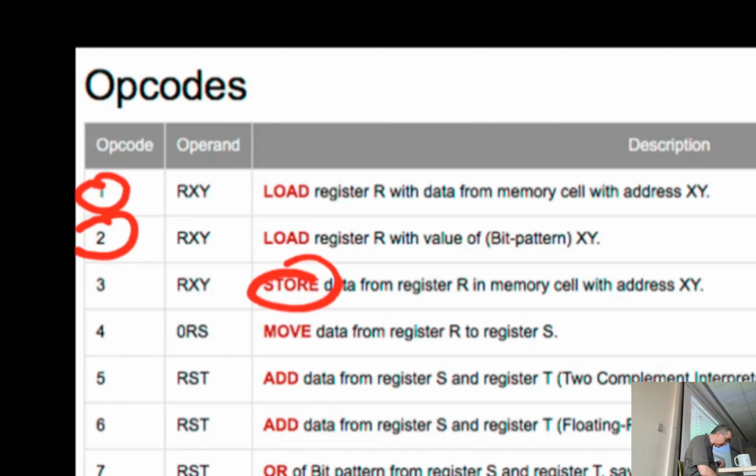The associated instruction is: jump to the instruction in the memory cell with the address XY if the data register R is equal to data register 0. So there is a checking mechanism. If they are equal, then jump. Using that, I can implement an if-go structure, which is available in any computer language, because branching is a must.